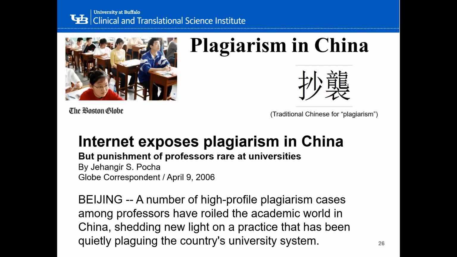I serve as the editor-in-chief of one of the major journals in the eye and vision research field called Experimental Eye Research. And every day I receive new manuscripts. Today I received 22. And every manuscript that comes through the editorial management system is subjected to scrutiny through a computer program called Authenticate.